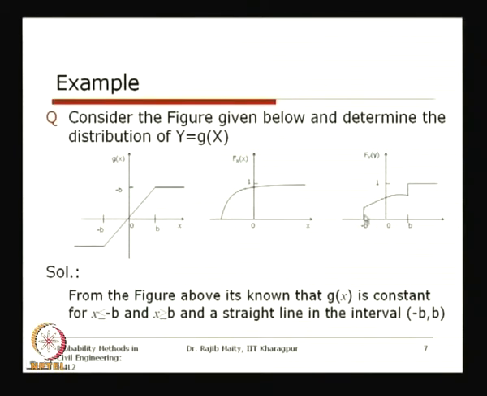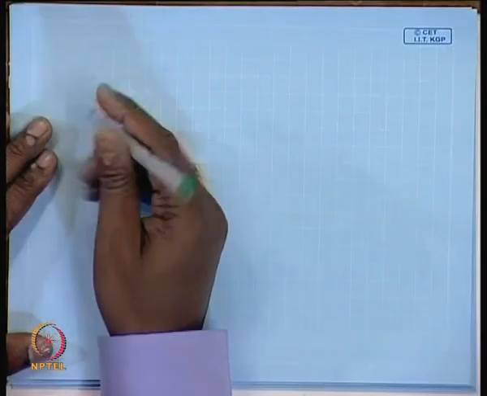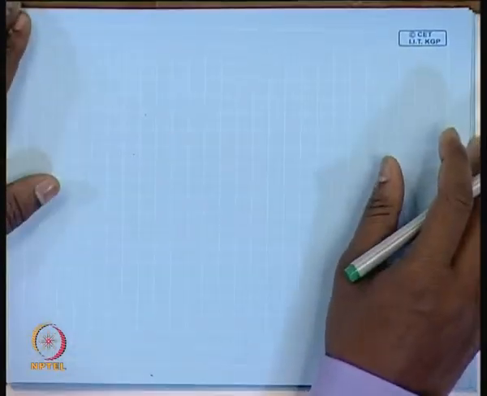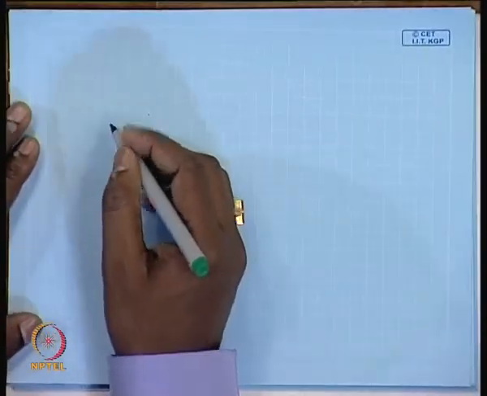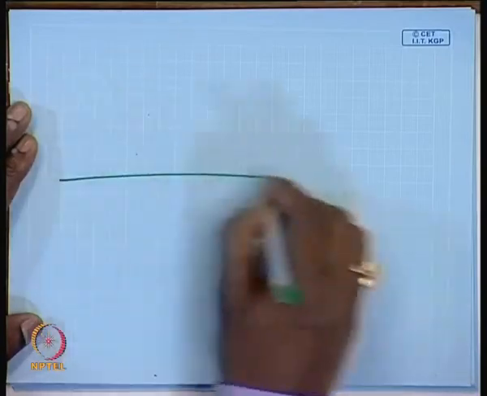Now, recall our description of this CDF, which we discussed in earlier classes. This straight line is basically an indicative line. If I draw it here, you recall the staircase function that we drew while describing the CDF for a discrete random variable. It looks like this.